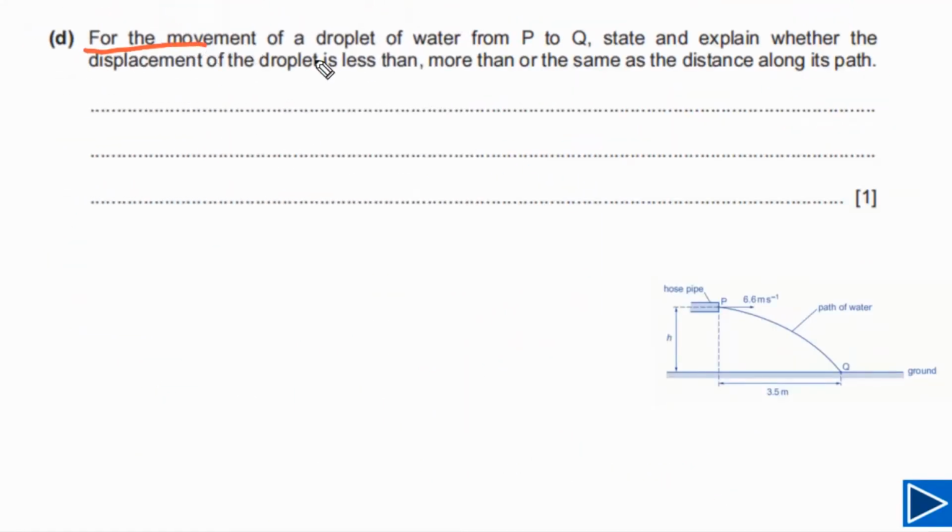For the movement of a droplet of water from P to Q, state and explain. State and explain. Very important. You have to state, then you have to also explain whether the displacement of the droplet is less than, more than, or the same as the distance along its path. So the first thing we need to understand, what is displacement? Displacement is the shortest distance between any 2 points.